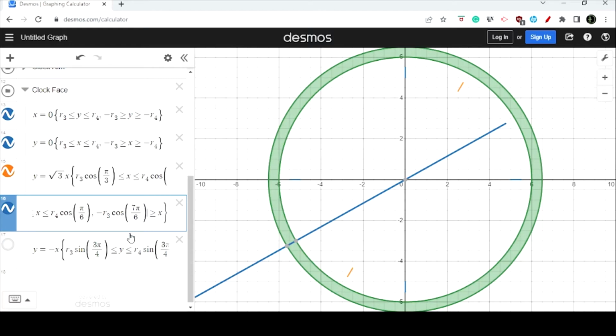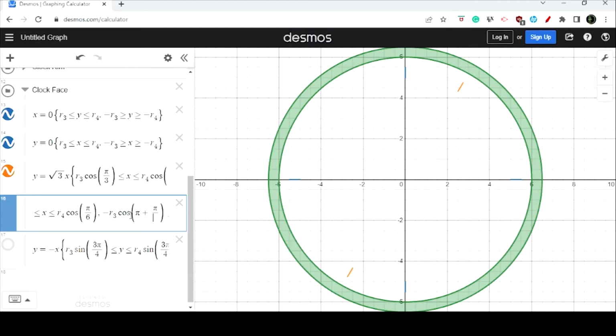If we go pi times around, so we did pi plus pi over 6, do we get a similar result? Yes, we do.